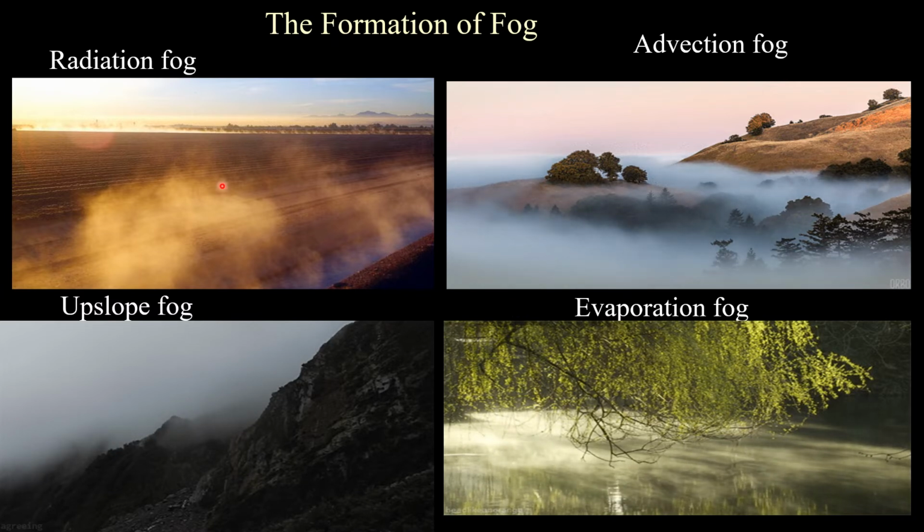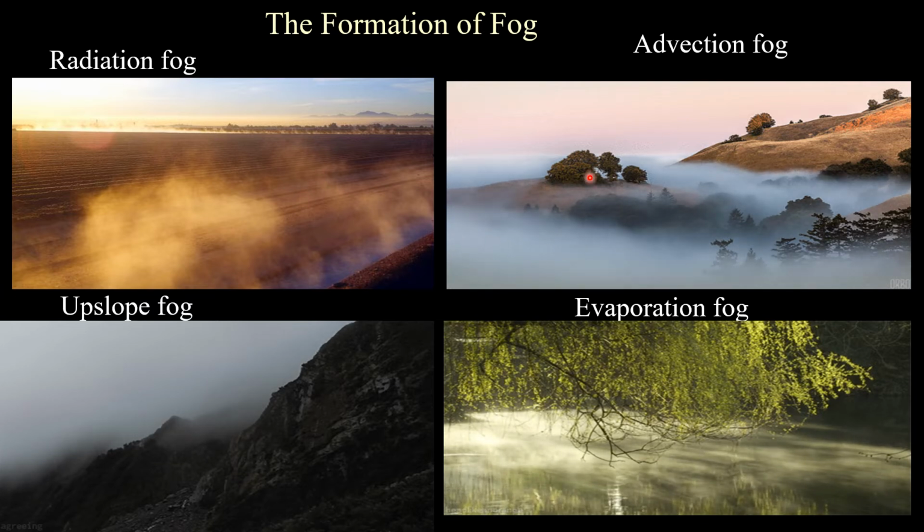So here we have that type of fog, and you will see this type of fog in the morning and sometimes at midnight too. In some places the temperature goes down a lot during the night compared to the daytime, and the earth's surface too, so you will get the radiation fog.